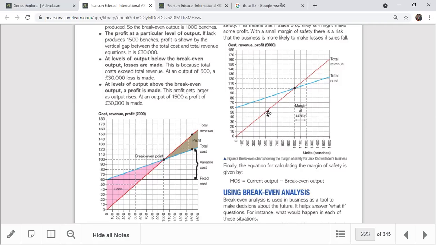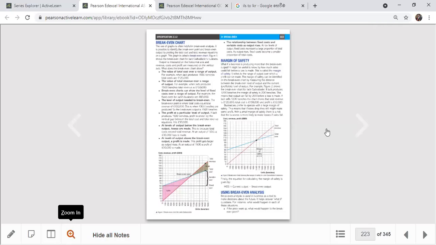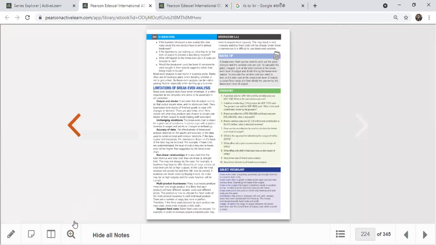Therefore, the total revenue curve will go a little curvy, not a straight line. Even cost is the same because of the discounts and purchasing economies of scale. So we are ignoring that fact. We are assuming that fixed cost, variable cost and total revenue curves have a linear relationship. That's another technical, unrealistic assumption, because we are assuming that there are no discounts here.